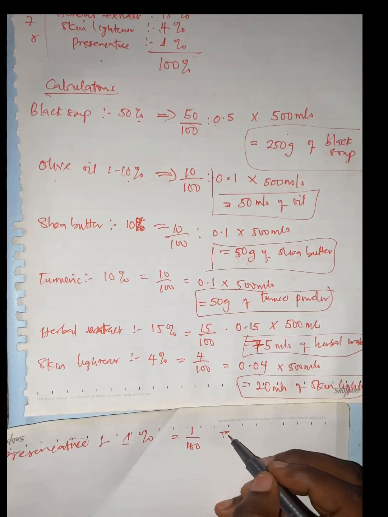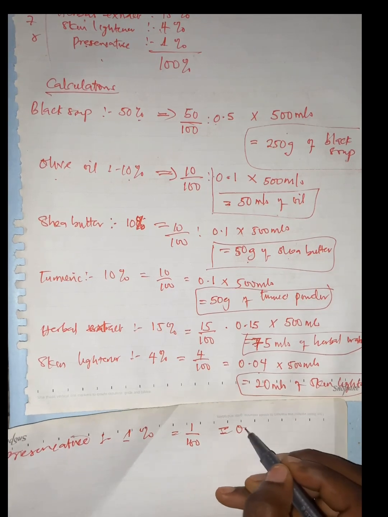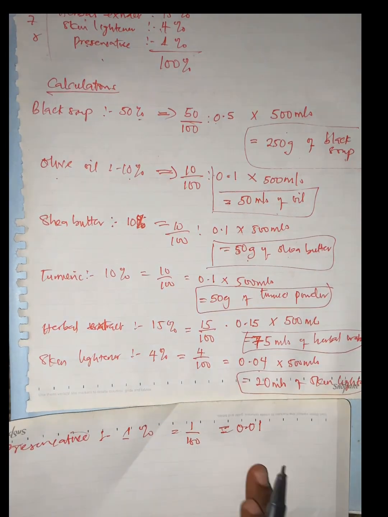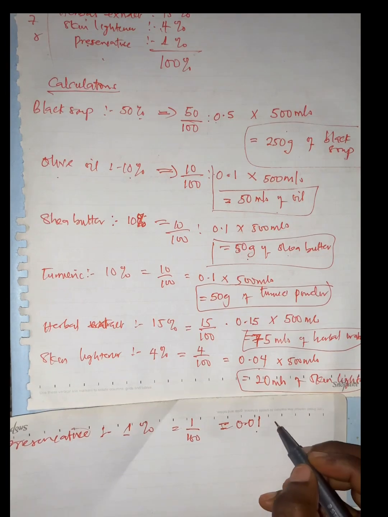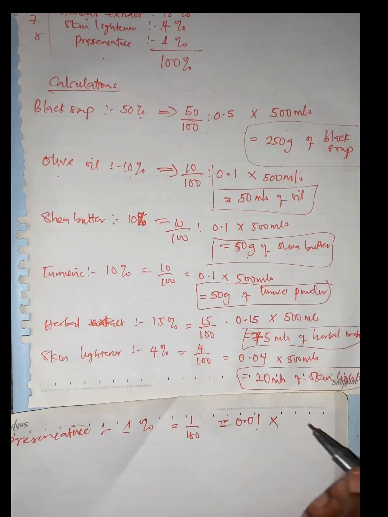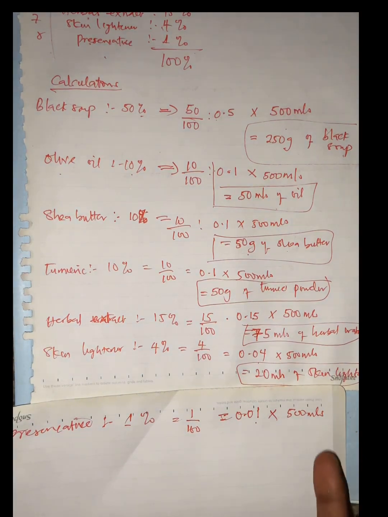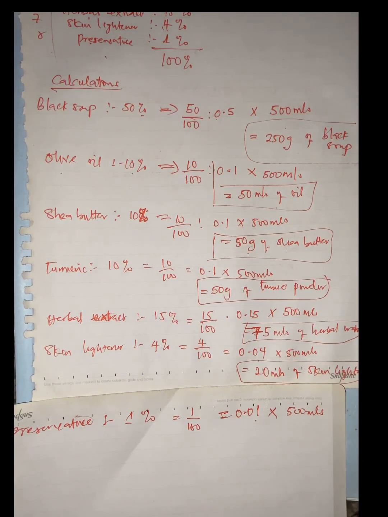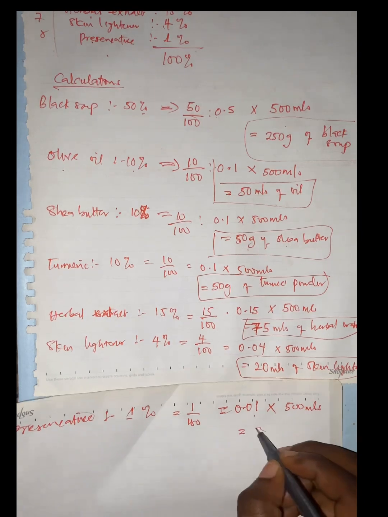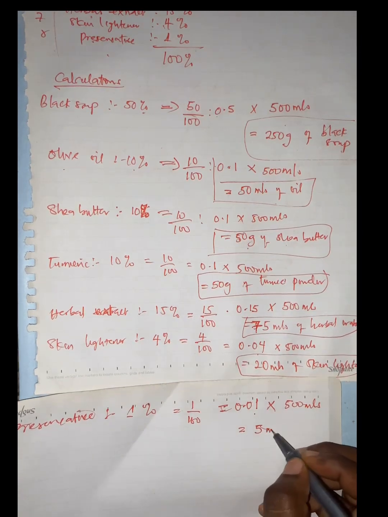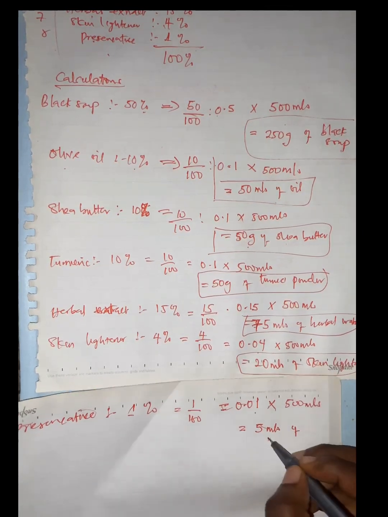And 1 all over 100 is equal to 0.01. So this 0.01 is to be multiplied by the 500 ml that we've been using. That is the amount that I want to make. We want to make 500 ml of black soap. So that will give us 5 ml of preservative.